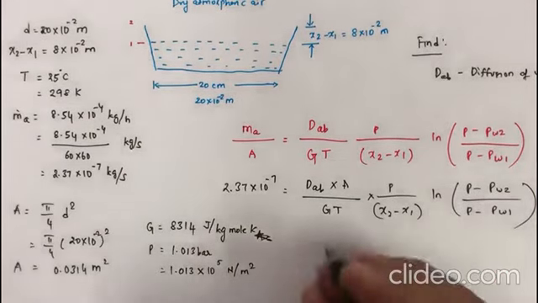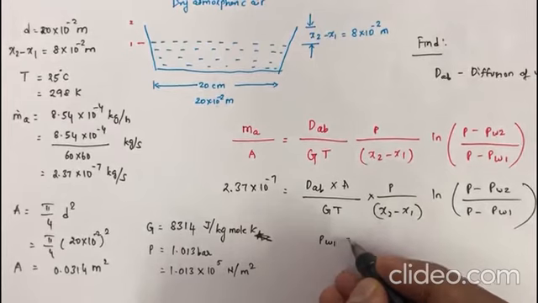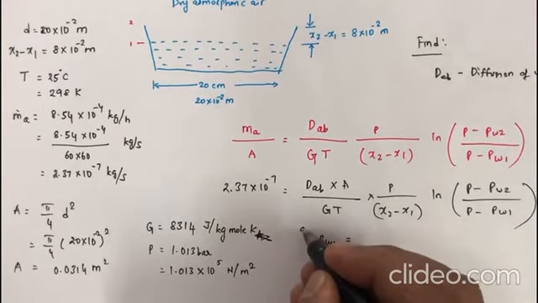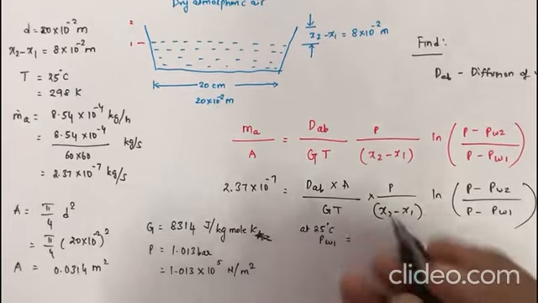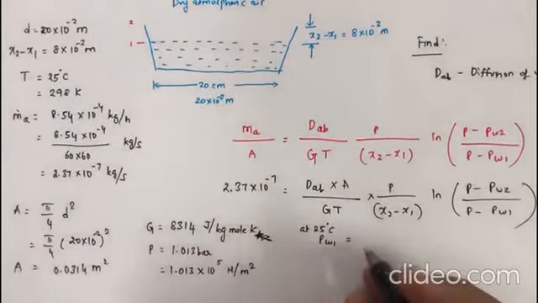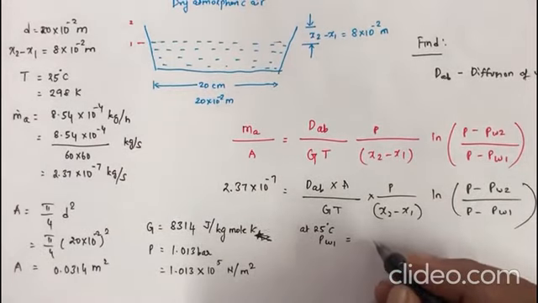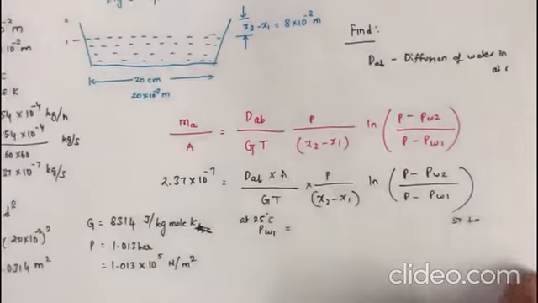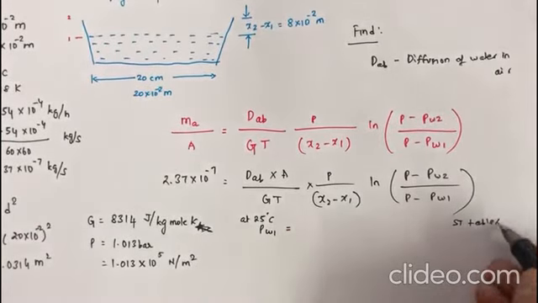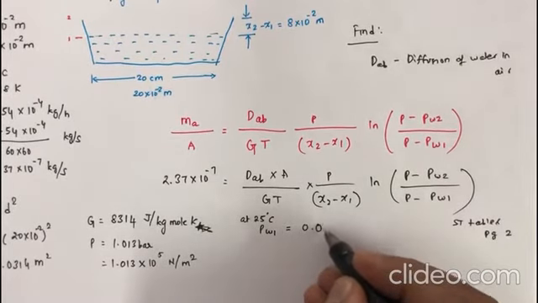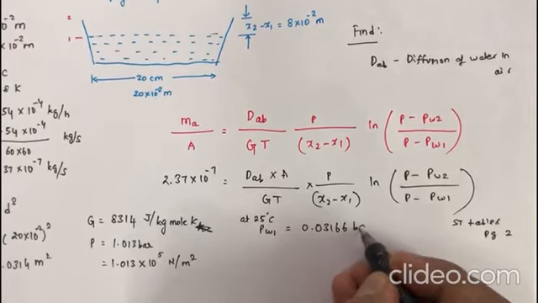PW1 is the partial pressure of water vapor at 25 degrees Celsius. At this position, at 25 degrees Celsius, we need to find the corresponding pressure in the steam tables. From the steam tables, page number 2, at 25 degrees Celsius, the corresponding pressure is 0.03166 bar.